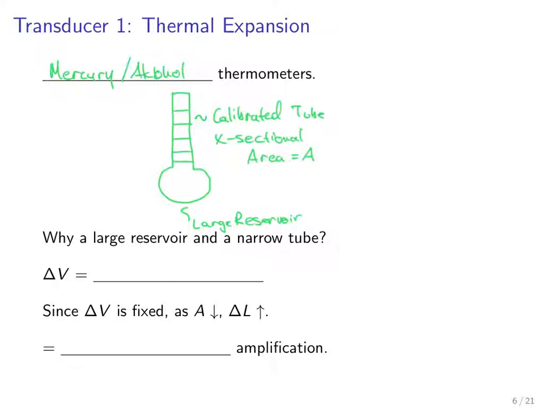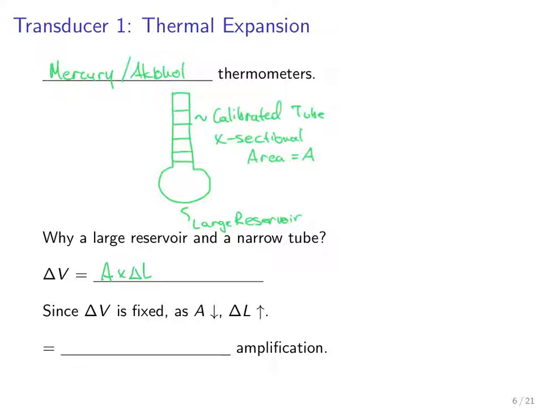Well, if we call delta V the change in volume for a given temperature, we'll say that that's equal to A times delta L. This relationship must hold, that the change in volume for a given change in temperature must equal the cross-sectional area times the change in the length along which the liquid has moved.